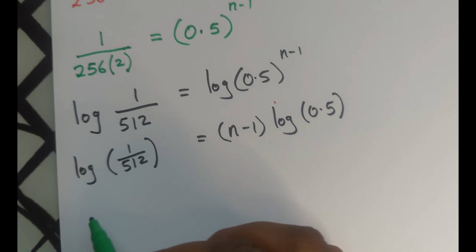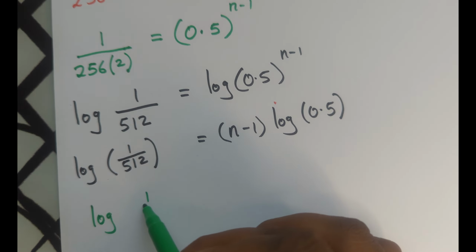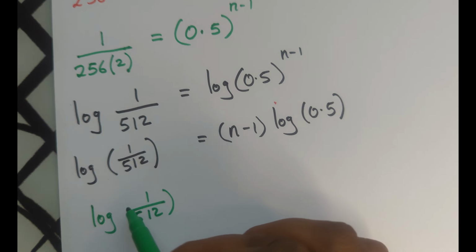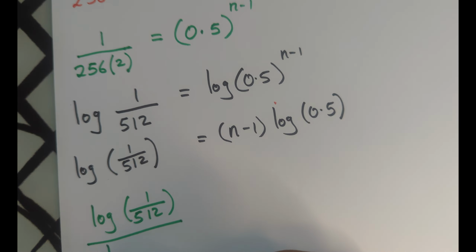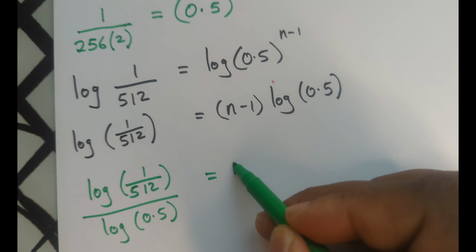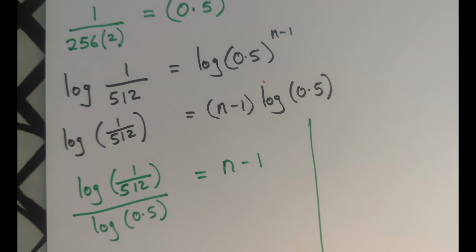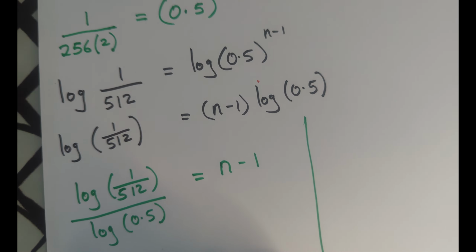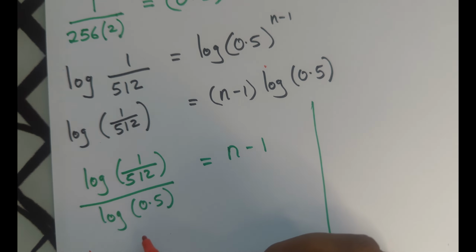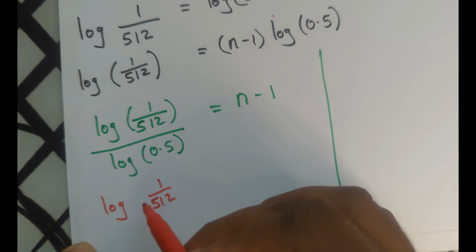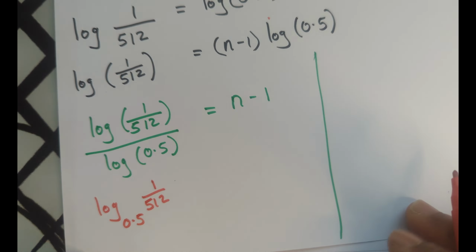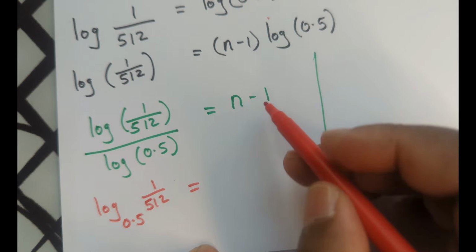Which means if we divide the logarithm of 1 over 512 by the logarithm of 0.5, this should give us n minus 1. And solving this implies that the left side can be written as the logarithm of 1 over 512 with a base of 0.5, being equal to n minus 1.